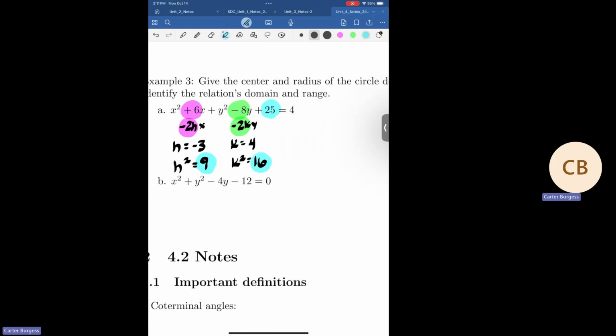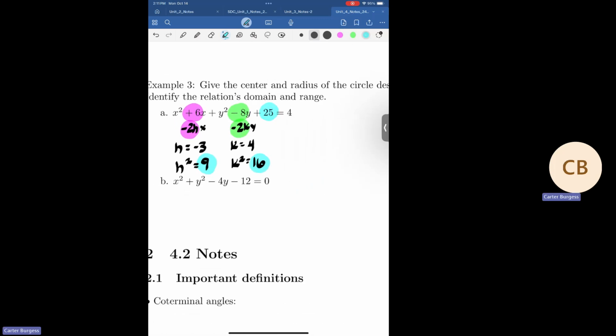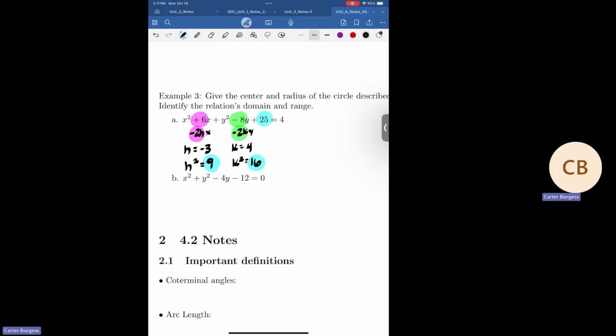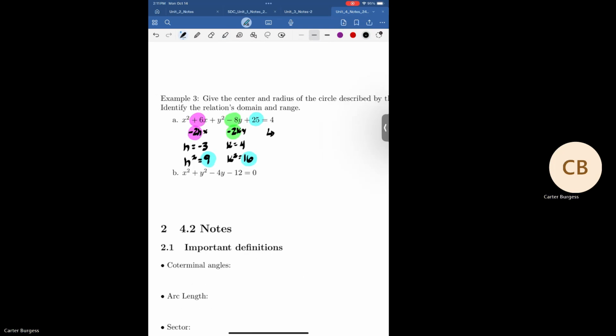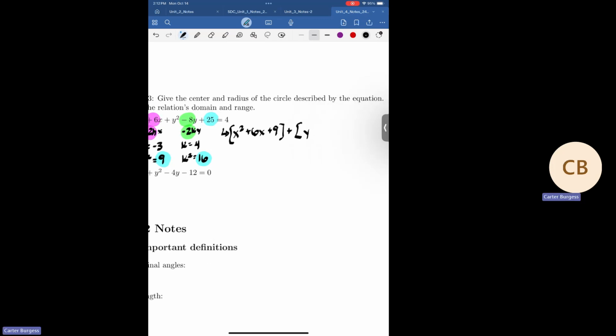And so we can parse apart, or splice really, what we see here into x squared plus 6x plus 9 plus y squared minus 8y plus 16 is equal to 4. And what's really, really nice is we can then factor each of these two quadratics, but we don't even need to factor them because we already know what they are going to become.